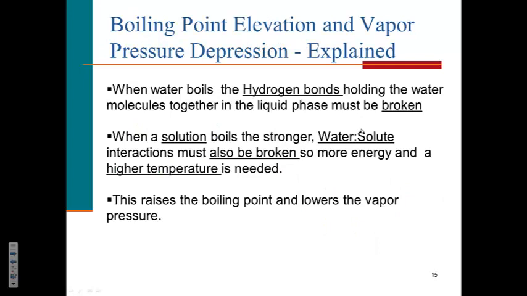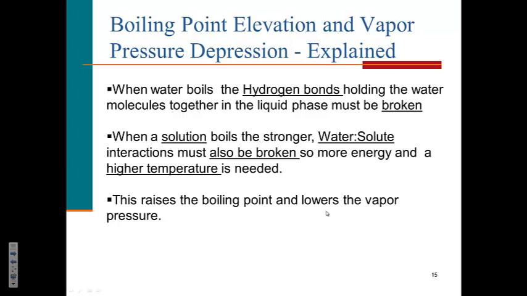Okay, right? So when water boils, the hydrogen bonds have to be broken, and those hydrogen bonds are weaker than what you see in the solute solvent interaction. So boiling point goes up, vapor pressure goes down.